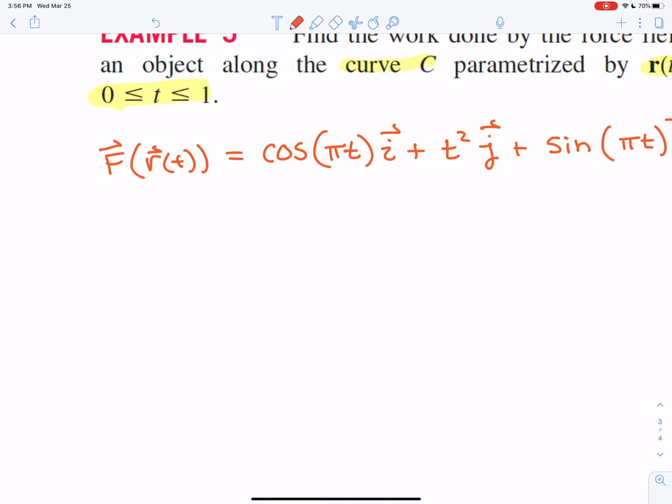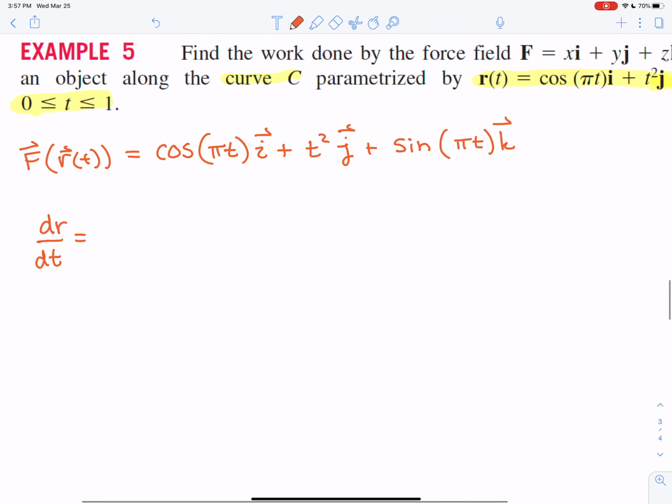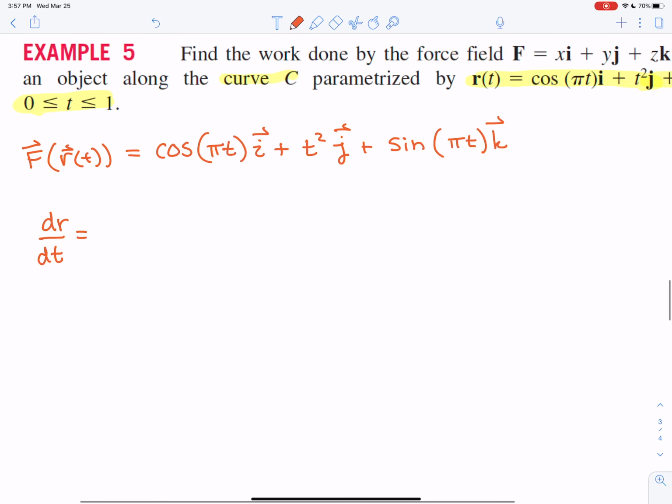Now we'll compute dr dt to get the first derivative. So what was our function? So the derivative of this is going to be negative pi, right?